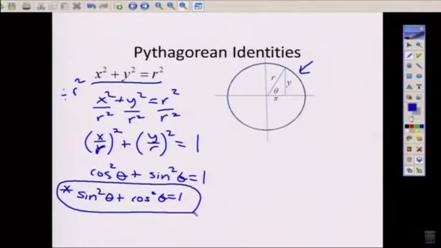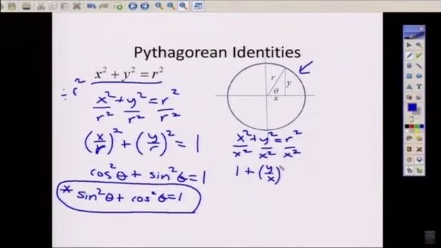Now, if I go back and take that same equation, x squared plus y squared equals r squared, but this time instead of dividing by r squared, I'm going to divide by x squared. So I get 1 plus (y over x) squared equals (r over x) squared.